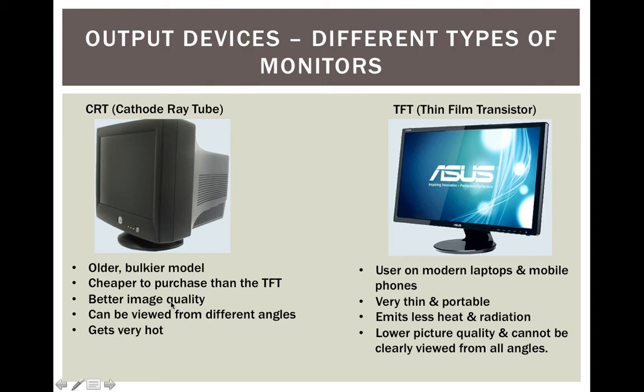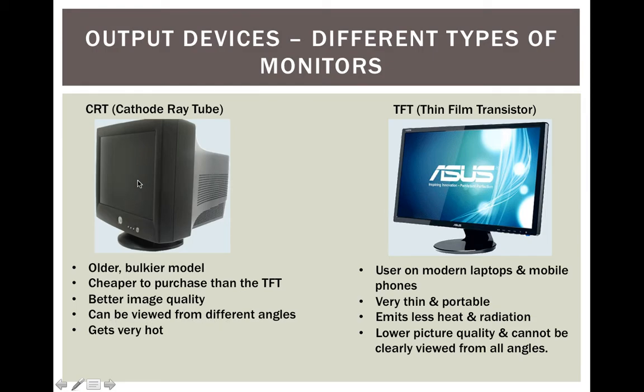You actually get a better image quality on a cathode ray tube because the light can actually produce a higher range of colours on these. And the other thing that's better about the image quality is that you can view the image quality from different angles.